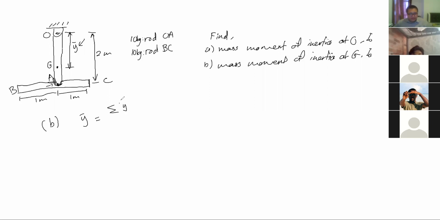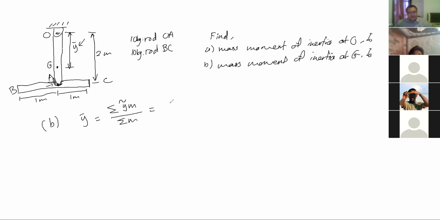So it is almost similar to the y bar, but for the individual component of this object, times the mass, divided by the summation of mass.